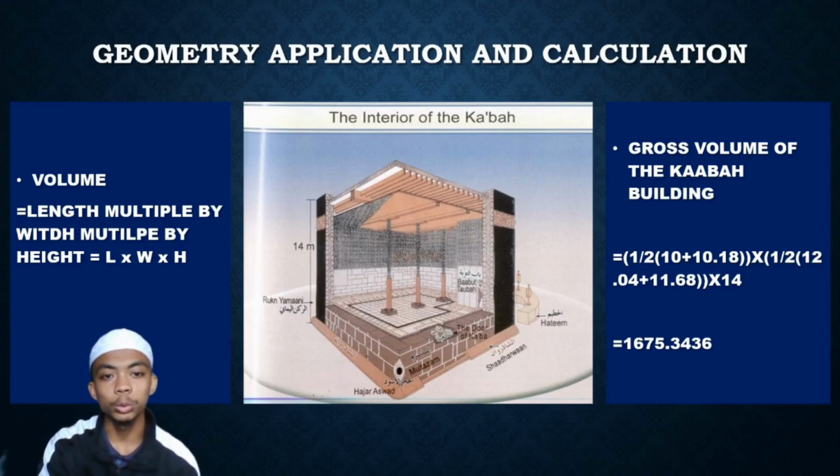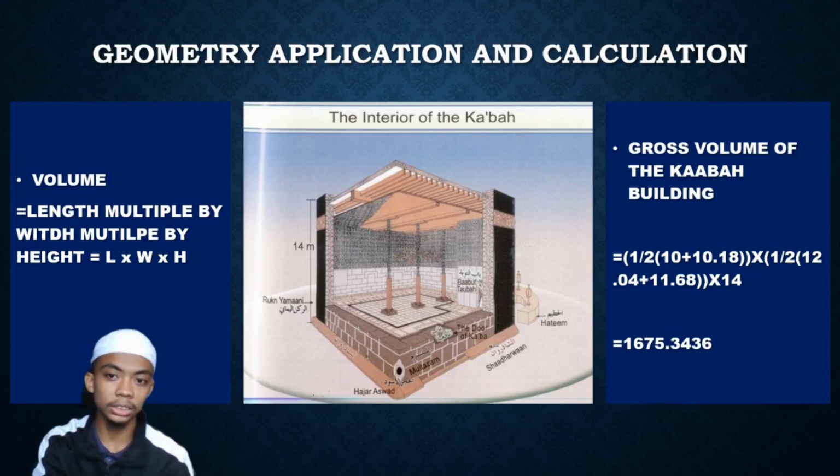The calculation will be bracket 10.18 per 2 multiplied by bracket 12.04 plus 11.68 per 2 multiplied by 14, or an easy way to understand is like the calculation that I wrote on the page. The answer would be 1675.3436.